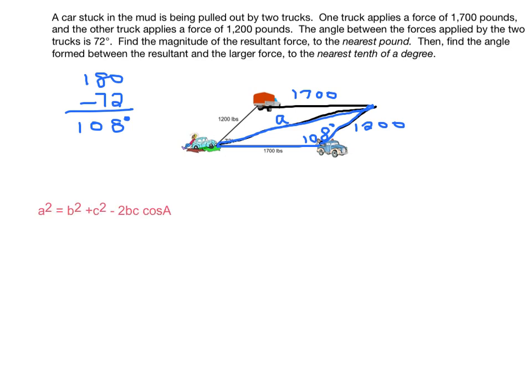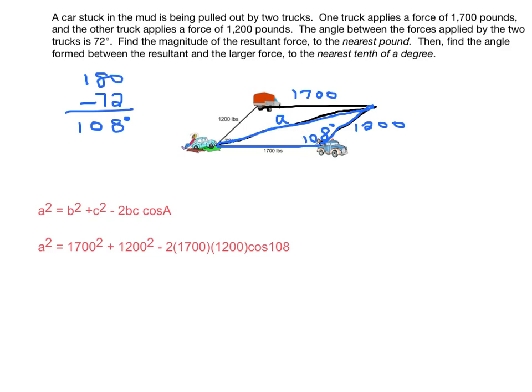So here's the formula for the law of cosines, and we're looking for A. You can substitute in 1,700 for B and 1,200 for C, or vice versa. When we plug it in, we wind up with A squared equals 1,700 squared plus 1,200 squared minus 2 times 1,700 times 1,200 times cosine of the angle that is across from the side that we're looking at.